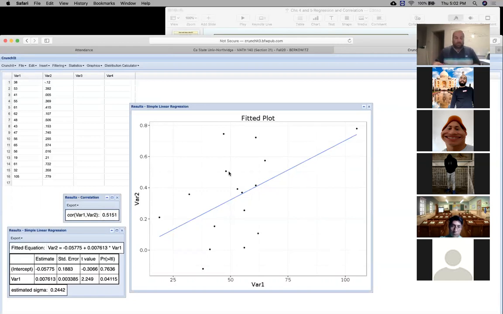So the book agrees. Those are the steps for plotting the scatter plot, the best fit line, and also coming up with the correlation and the equation of the best fit line.